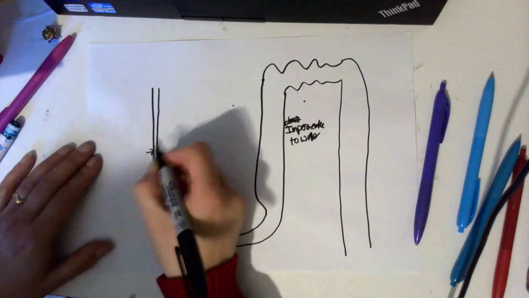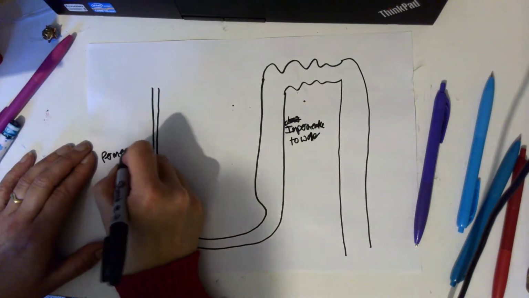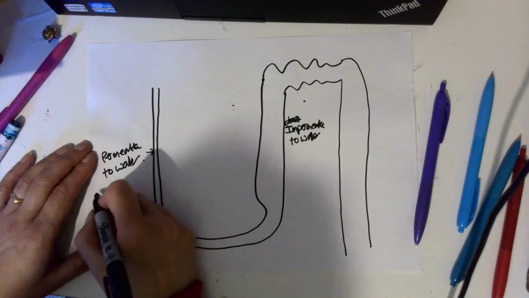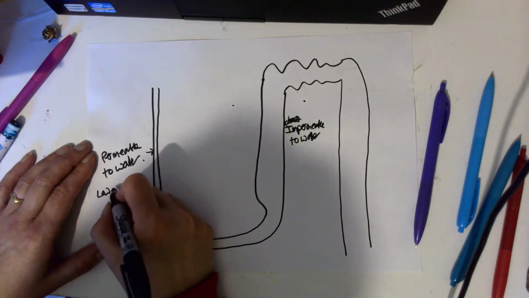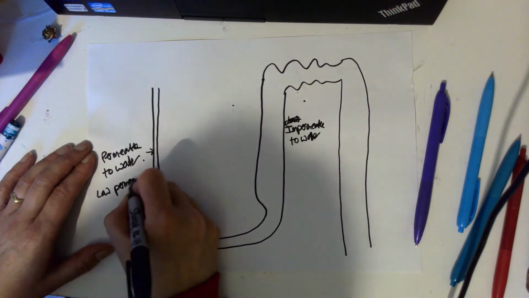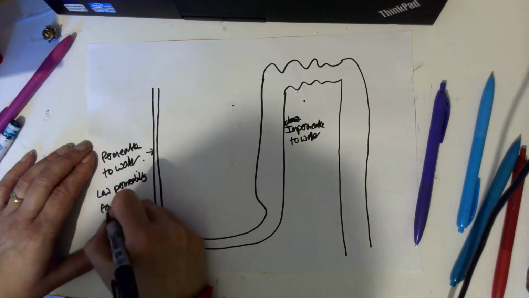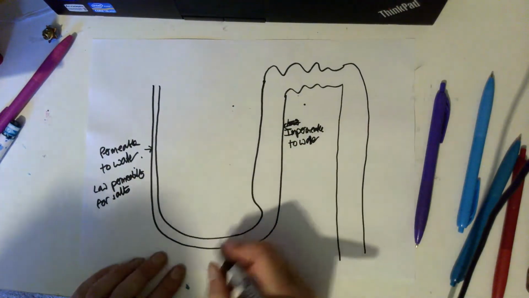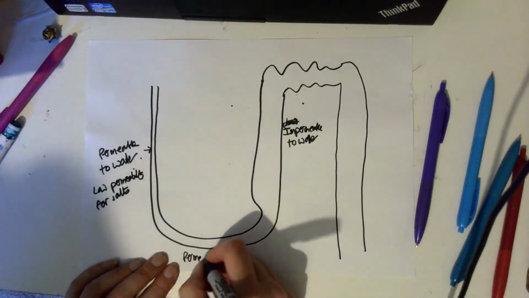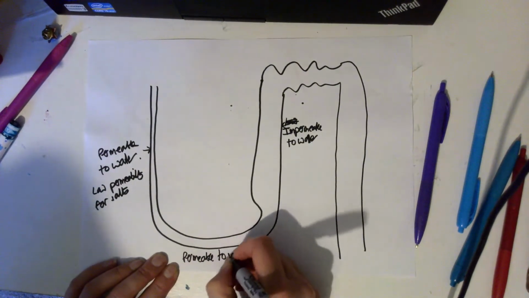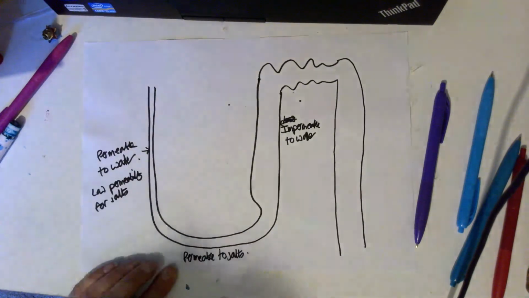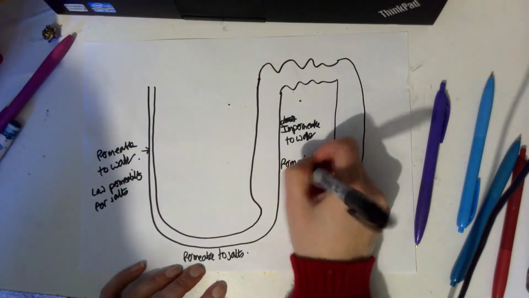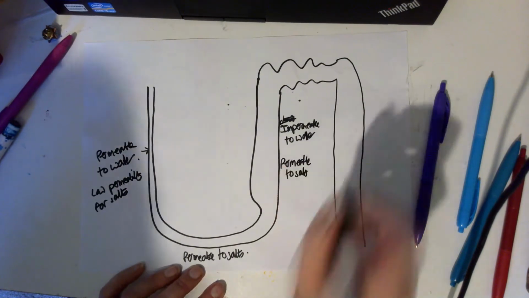This wall is permeable to water, but it's a very low permeability for salts. The bottom bit here is permeable to salts, and the wall up here is also permeable to salts.